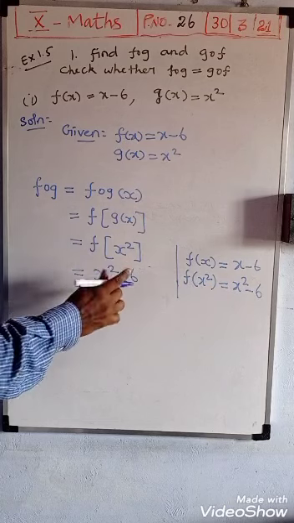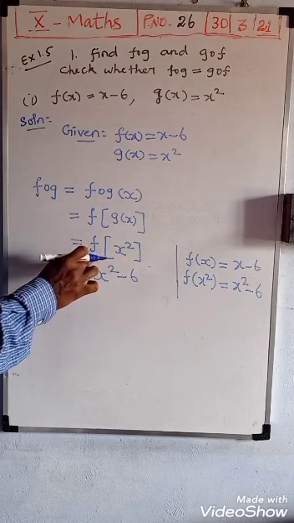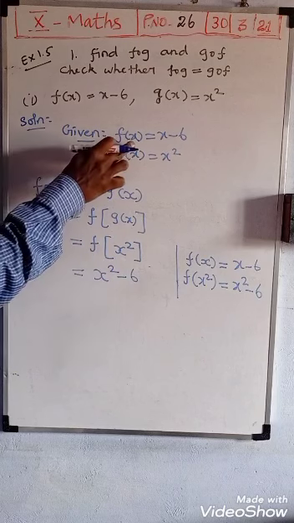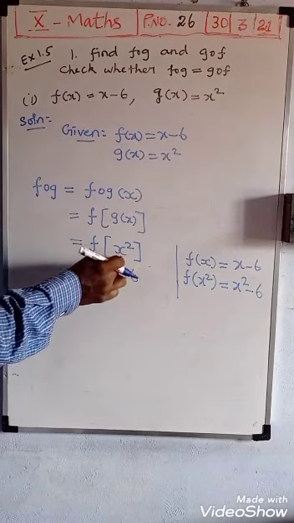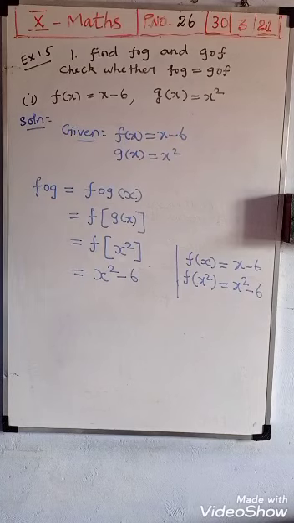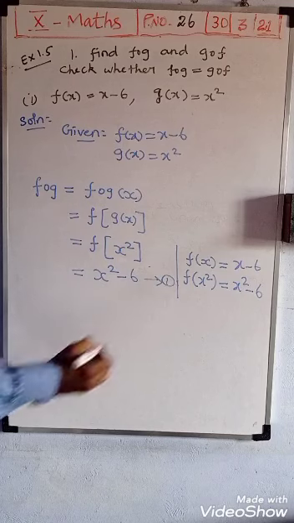Without writing this directly also we can write it. Where do we substitute x squared? In function f. Function f is x minus 6. So instead of x you should substitute x squared, so x squared minus 6. Okay, this is called f composition g. So consider this equation 1.